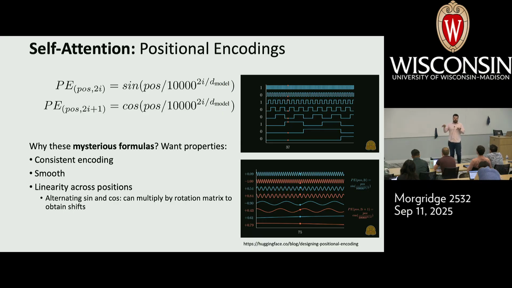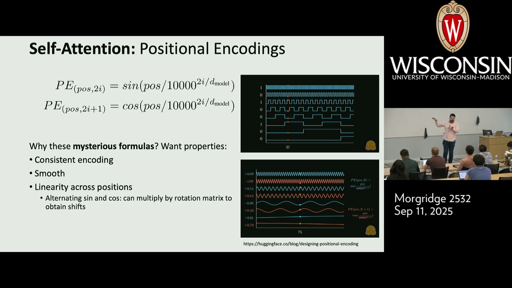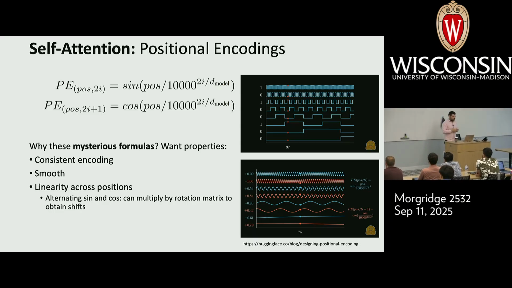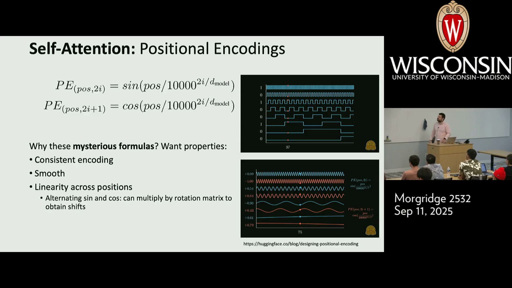Like sine of a plus b is equal to some stuff, and that was related to rotation matrices. That's exactly what we're doing here as well. What we're really saying is there's a certain amount of rotation you should do when you cross a certain number of positions. And if you want this to be consistent across a sequence, then you'll need to have this kind of encoding. It's just a detail, but there is an actual reason for these alternating sines and cosines.